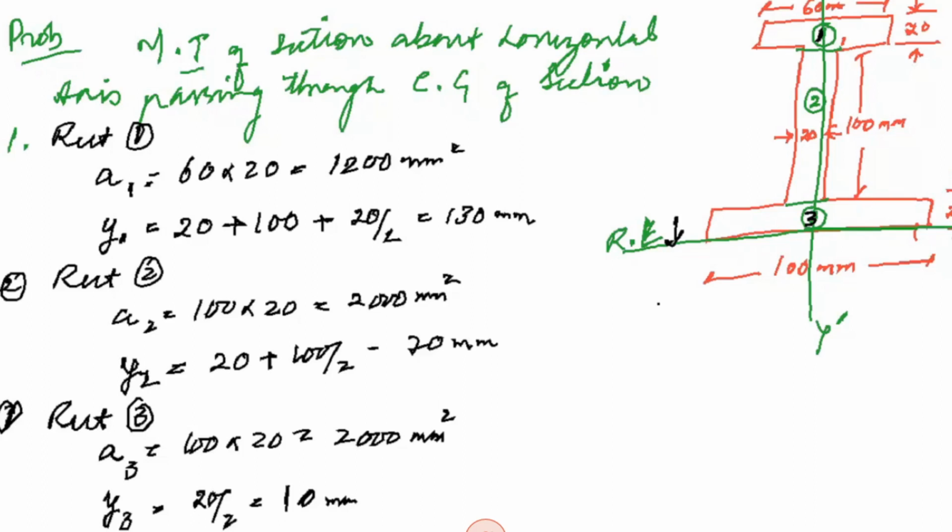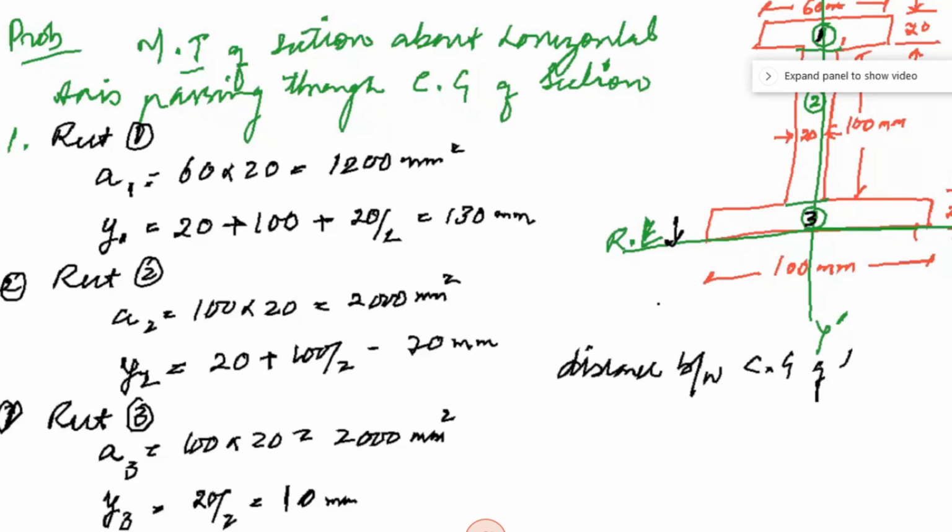Now we can calculate the distance between the center of gravity of the section and the bottom face. What we calculated as y1, y2, y3 were for the individual rectangles.